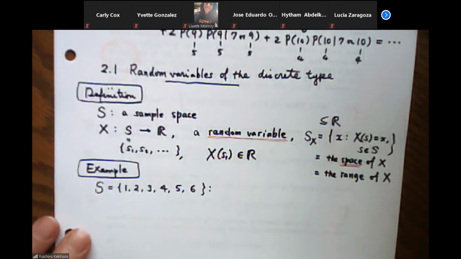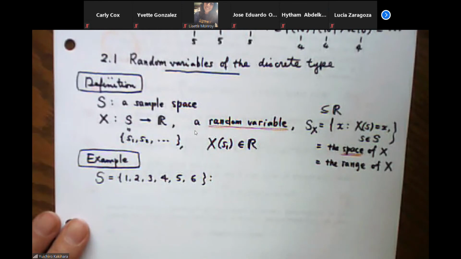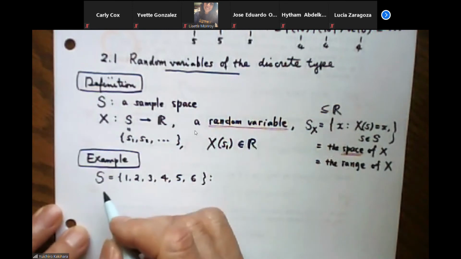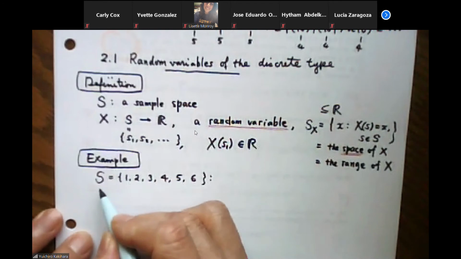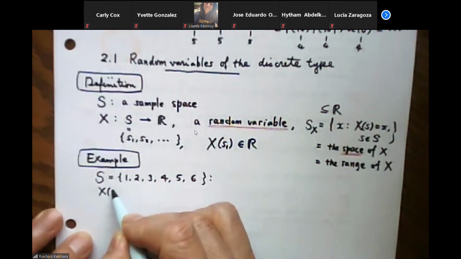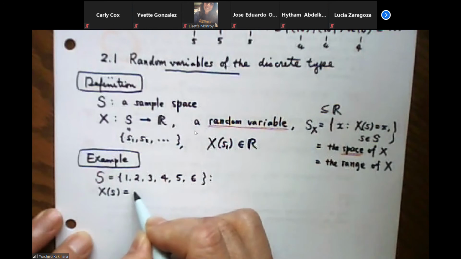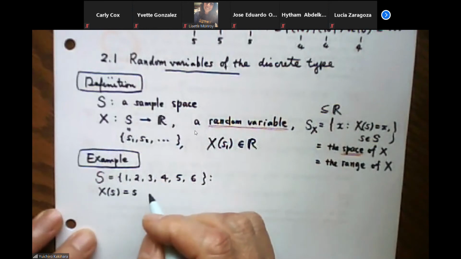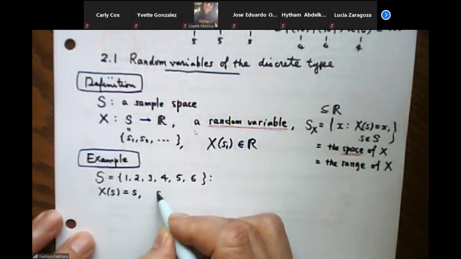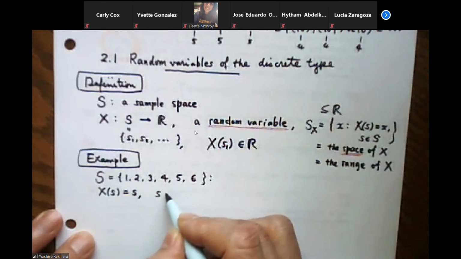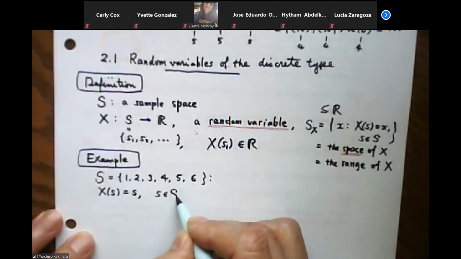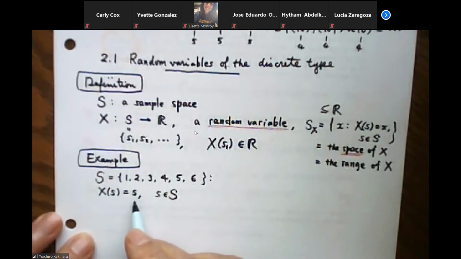So here's an example we're talking about. Roll a six-sided die. S is the sample space, 1, 2, 3, 4, 5, 6. Those are the outcomes. And then a random variable X is defined. X of s is defined to be s. Yes, this one works because S consists of real numbers, so we can have this function. s is mapped to the number s itself.